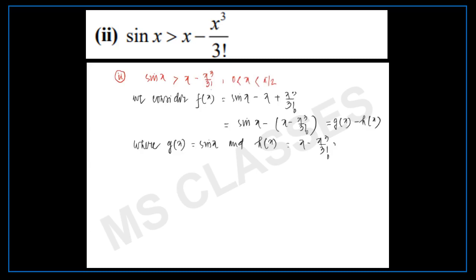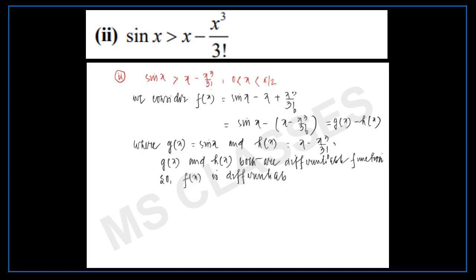So g(x) and h(x) both are differentiable functions. So f(x) is differentiable for all x greater than 0.